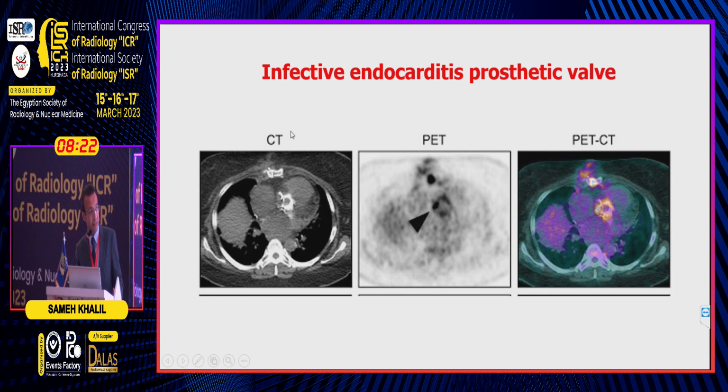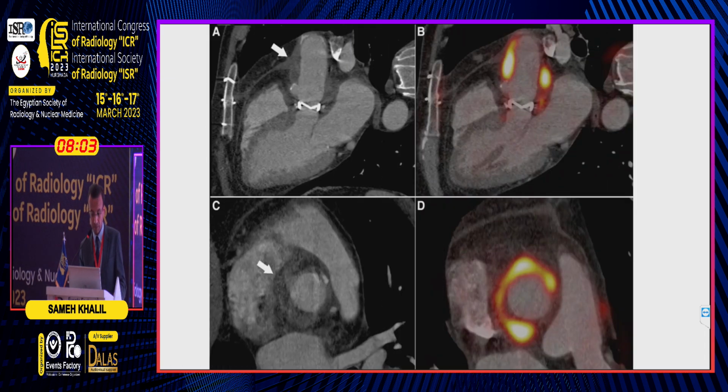The opposite is this case with a prosthetic aortic valve and periprosthetic activity in the FDG images and along the track of the surgery also, so we have active infective endocarditis. This patient with aortic valve replacement has a peri-aortic abscess, and it is active also.